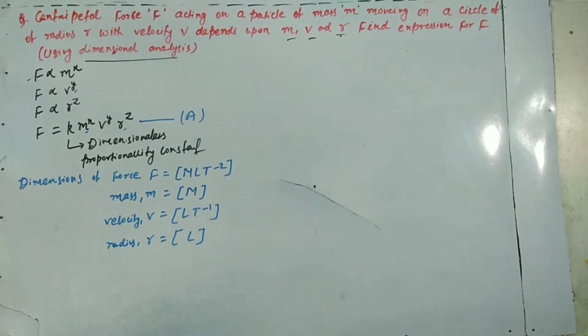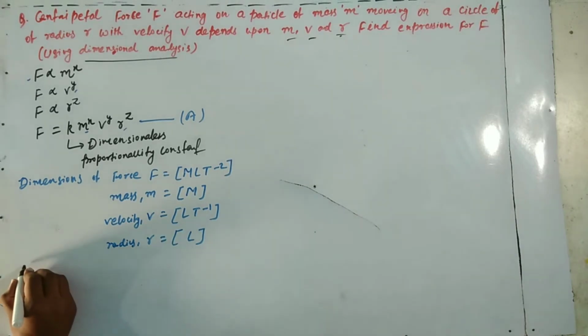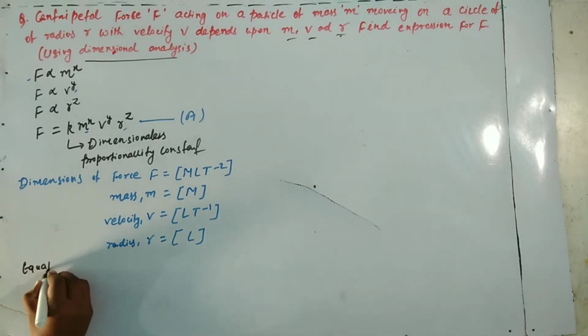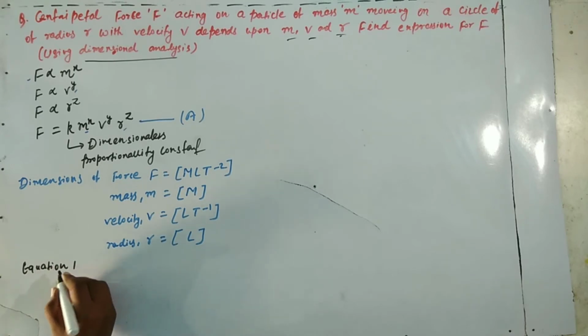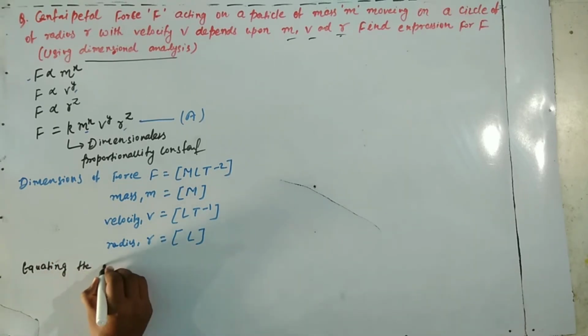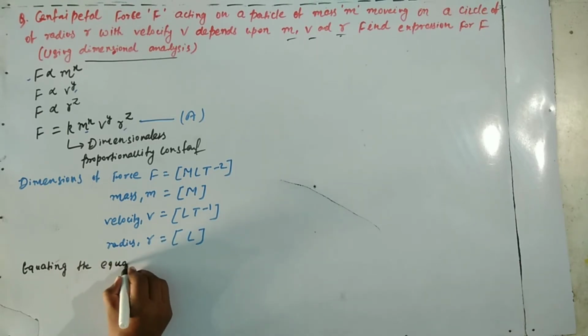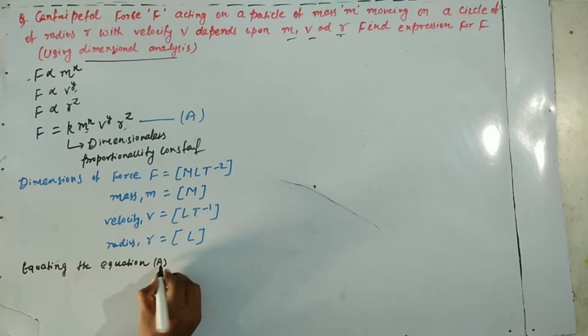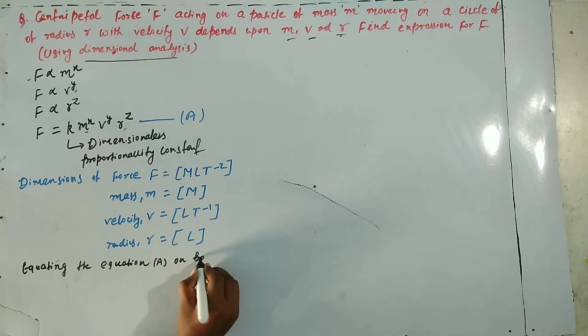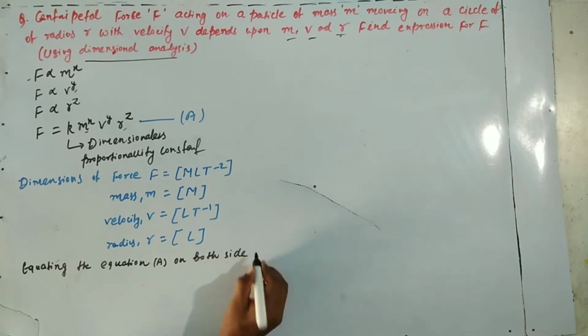Now we suppose the equation is A. After that, we equate the equation on both sides. According to the principle of homogeneity, we equate the equation on both sides dimensionally. Therefore, we can find the value of x, y and z.